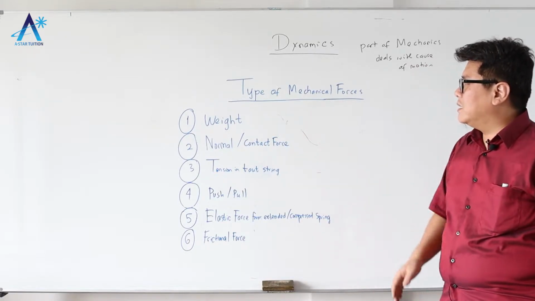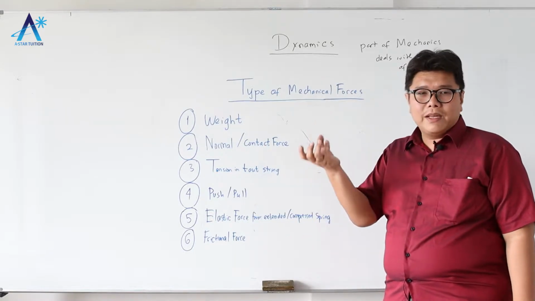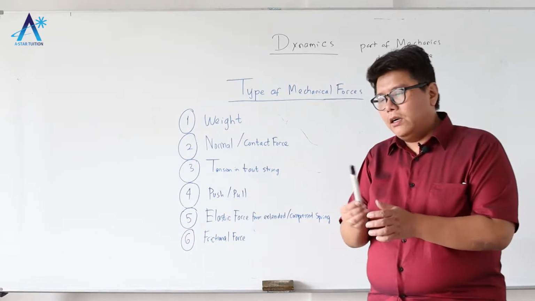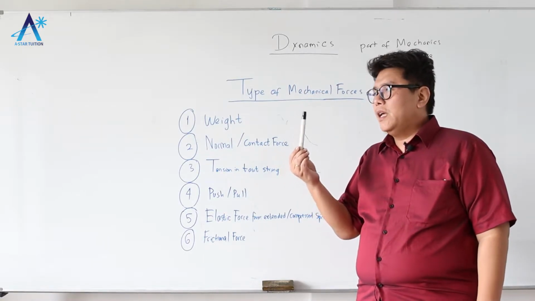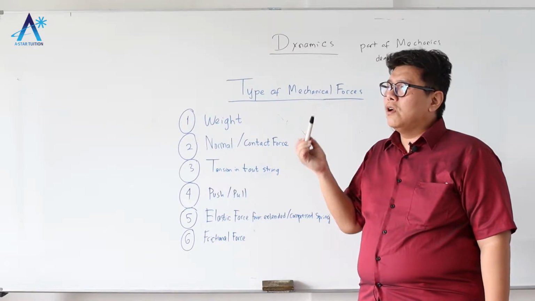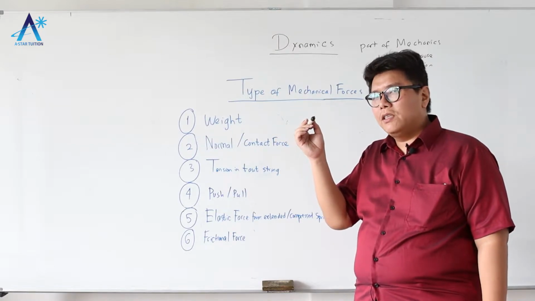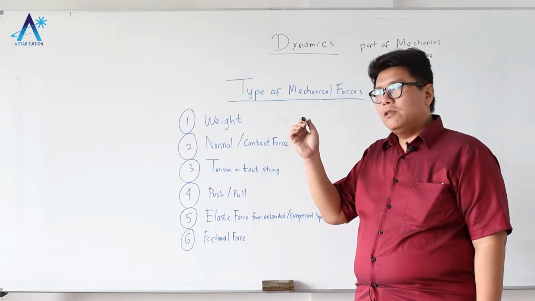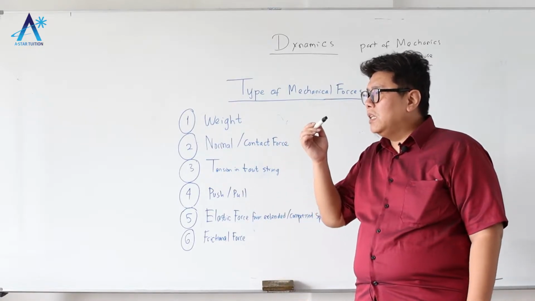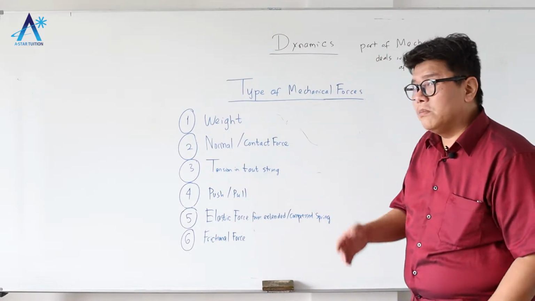Weight, simply put: if you have an object that has mass, like for instance this marker over here, it has its own mass. If you do not hold the pen, you can guess that the pen will fall downward. The reason for that is the gravitational pull from the earth.